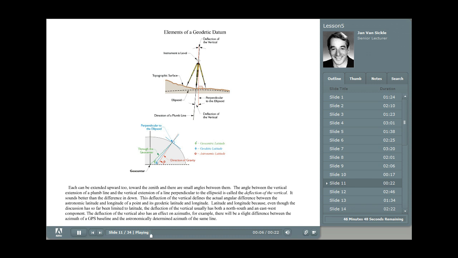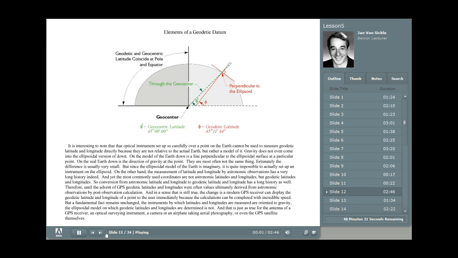Now obviously the difference between these directions of down can be extended upward, and the deflection of the vertical is indicated on the upper image between the two lines, the direction of gravity and the perpendicular to the ellipsoid.